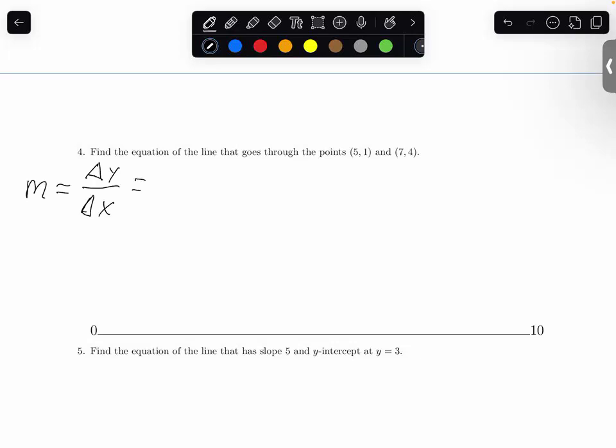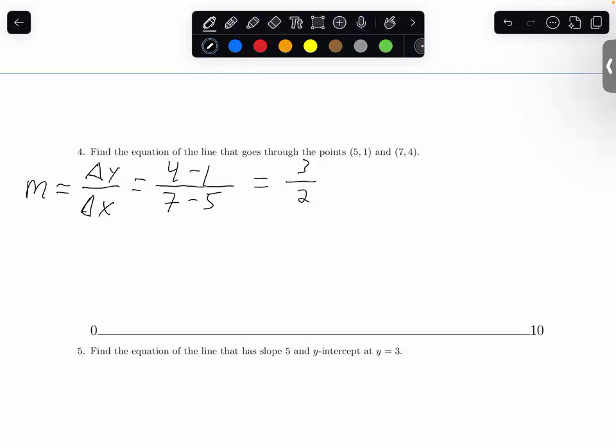Which one's first doesn't particularly matter as long as you're consistent. So I'm going to do 4 minus 1 divided by 7 minus 5. This would give us a fraction of 3 halves, which makes sense, right? You go up 3 and to the right 2 to go between the 2 points.